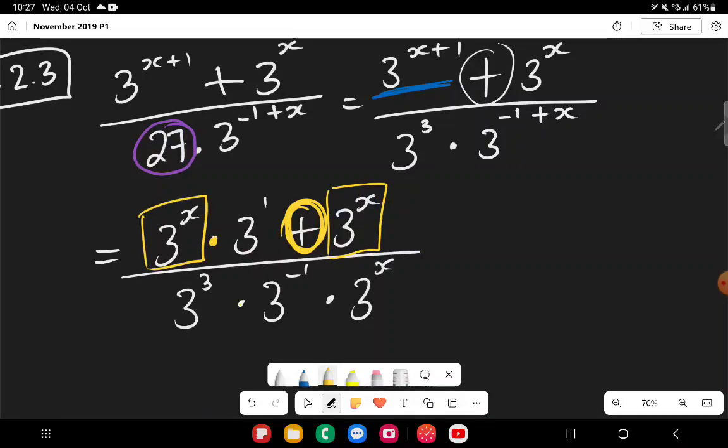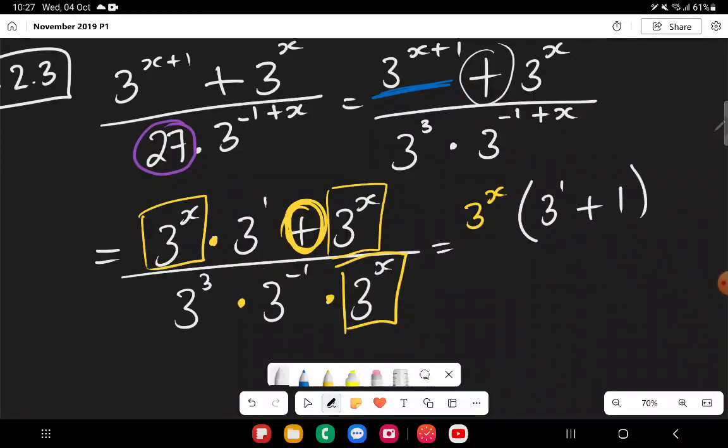This is multiplication, multiplication, multiplication, and there I see another 3 to the power of x. So I'm going to take 3 to the power of x out on the top, and in my bracket I have 3 to the power of 1 plus 1, because I took 3 to the power of x out. And in the denominator I have 3 to the power of x, I'll put this one in the front, times 3 to the power of 3 times 3 to the power of minus 1. Now I can cancel this one with this one because this is a multiplication relationship.